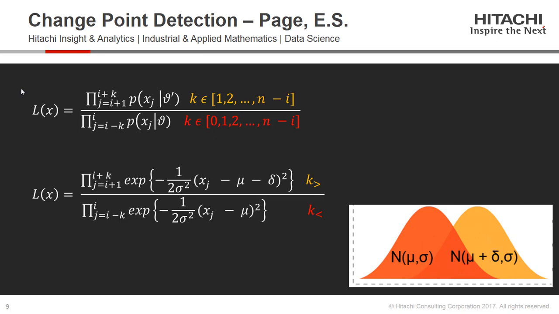And then the numerator, the yellow guys take you forward in time. So from just the other side of the change point there, J is I plus 1. So just the other side of the change point, far into the future then, I plus K, where K is now taking us forward in time. You've got this other PDF over X, parameterized by theta prime, which in this case is mu plus delta.